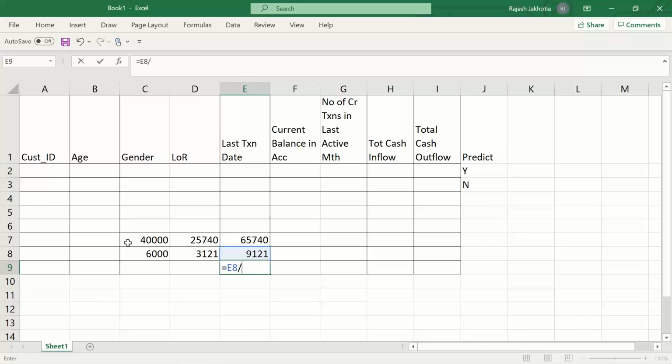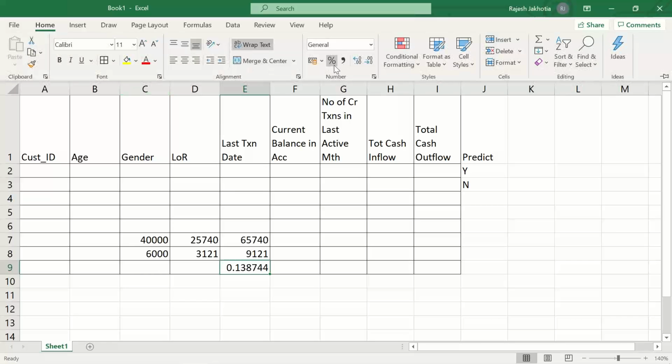So my success rate in this campaign would become 13.9%. By just applying a simple filter of not targeting customers having length of inactivity more than 12 months, I have increased my campaign success rate from 10% to 13.9%.